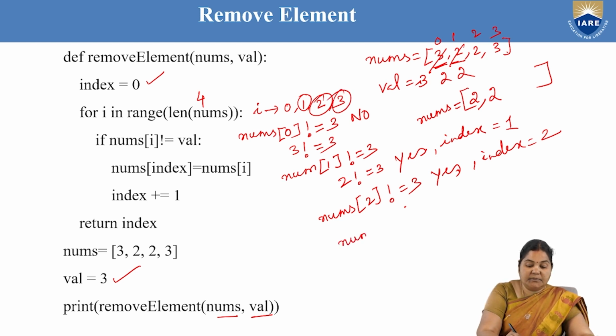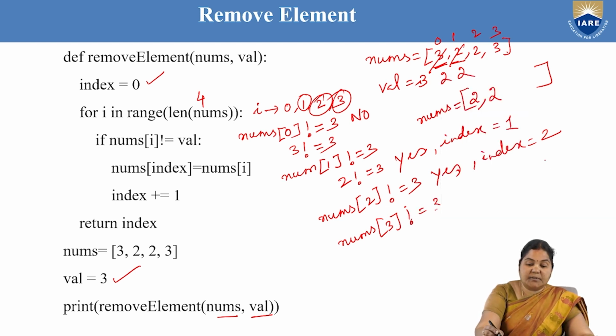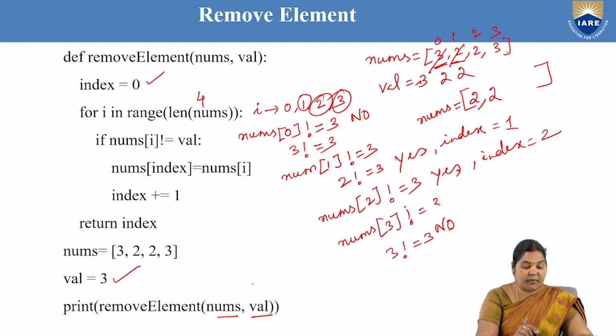Now, is nums of 3 not equal to 3? Nums of 3 contains 3. 3 is not equal to 3? No. So this loop is going to stop. In this way, what is written to my nums array? It is 2, 2. So remaining are empty.